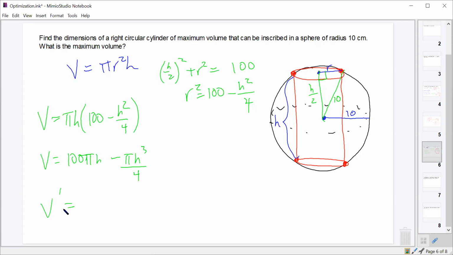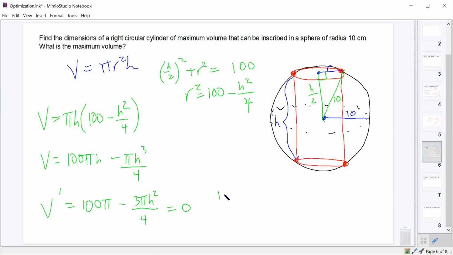All right, what should V prime be then? V prime ought to be the derivative of 100 pi h, which should be just 100 pi, right? The derivative of pi h cubed over 4 ought to be minus 3 pi h squared over 4. And we want to know when that equals 0, right?